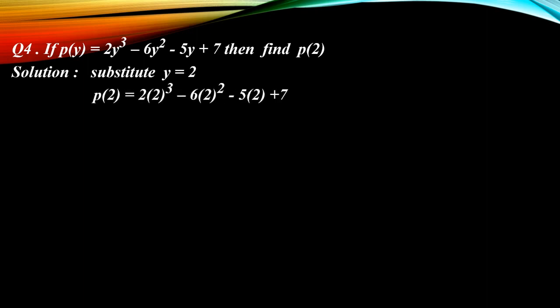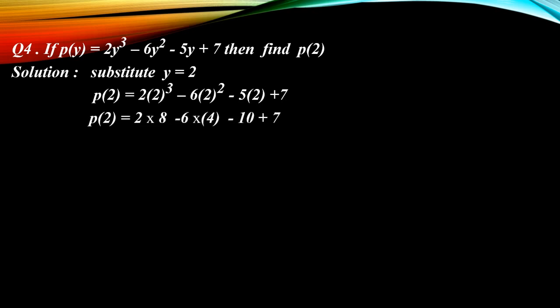Question number 4. If P(y) is equal to 2y cube minus 6y square minus 5y plus 7, then find P(2). Substituting y is equal to 2 in the polynomial, we get P(2) is equal to 2 into 2 raised to power 3 minus 6 into 2 raised to power 2 minus 5 into 2 plus 7.